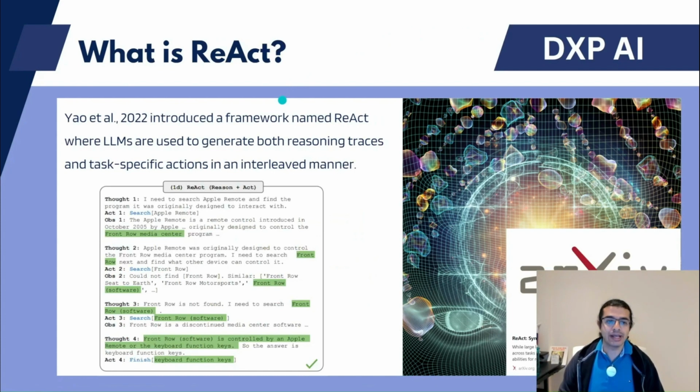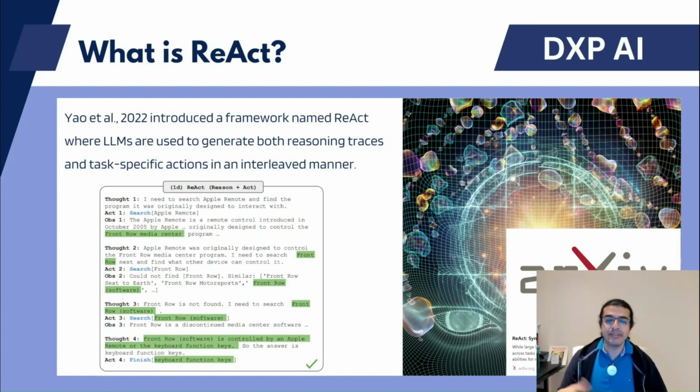Now, what is ReAct? ReAct is a framework that was introduced in the paper called ReAct: Synergizing Reasoning and Acting in Language Models. ReAct stands for Reasoning and Acting. The idea behind it is that you interleave reasoning and task-specific actions together to provide a continuous flow of thought, really.